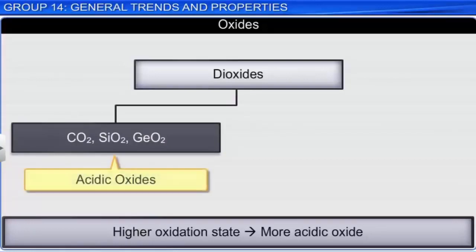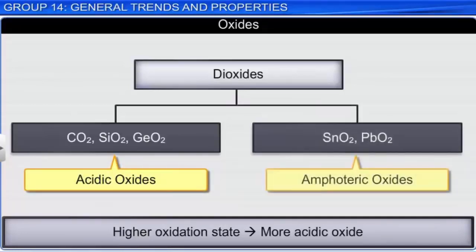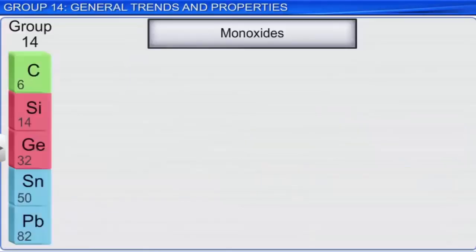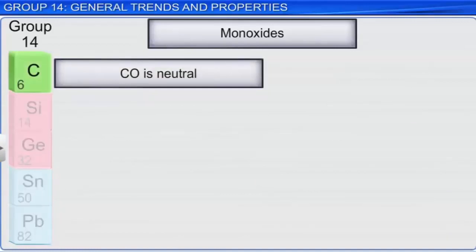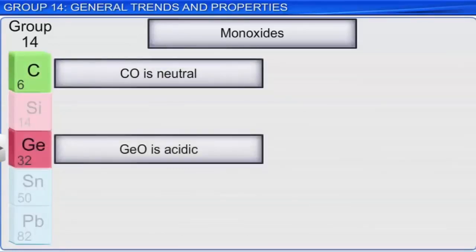The dioxides of tin and lead are amphoteric. For the monoxides, carbon monoxide is neutral, while germanium monoxide is acidic. Like the dioxides, the monoxides of tin and lead are amphoteric in nature.